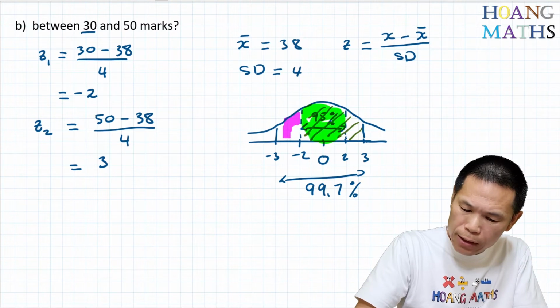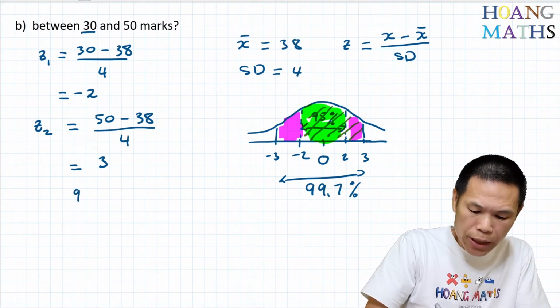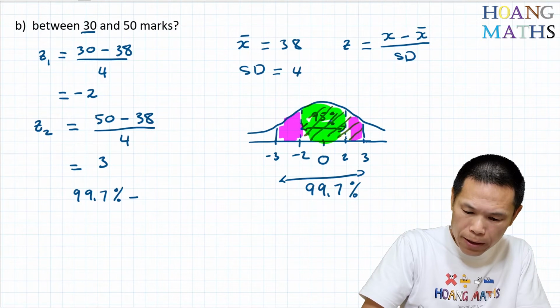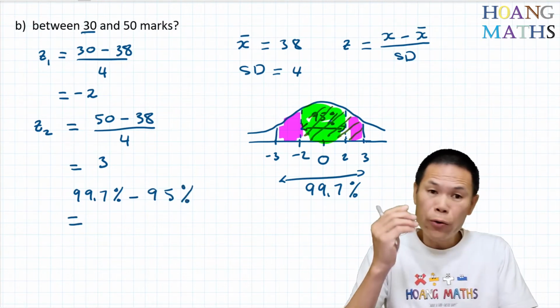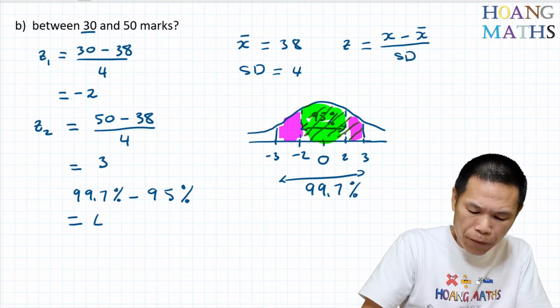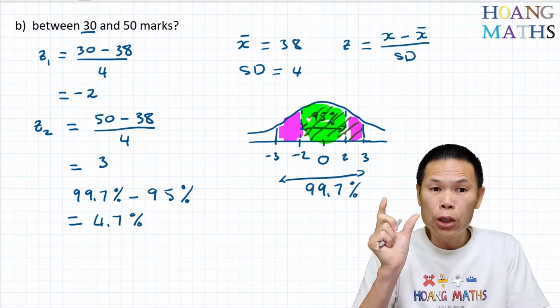That will give us these two areas here. So let me just quickly work that out. So we just go 99.7% minus 95%. That will give me 4.7%. So that will give me the two areas.